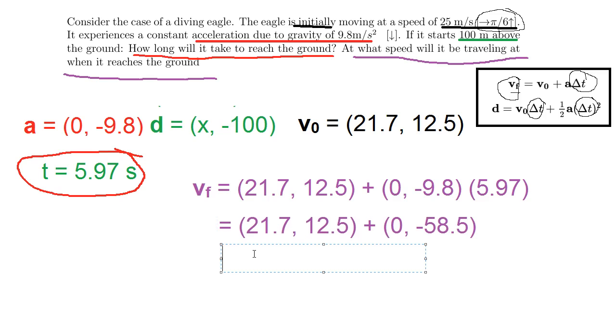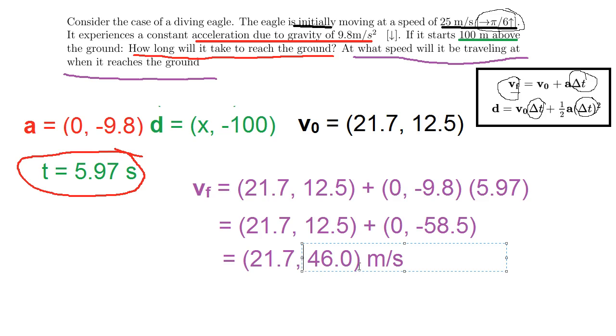We can then add these two things together. 21.7 plus 0 is just 21.7, and 12.5 minus 58.5 is around negative 46. It's negative 46.0 if you want to maintain significant figures. And this will, of course, end up being in meters per second. Now, well, hang on. Minus. There we go. I missed a minus sign.